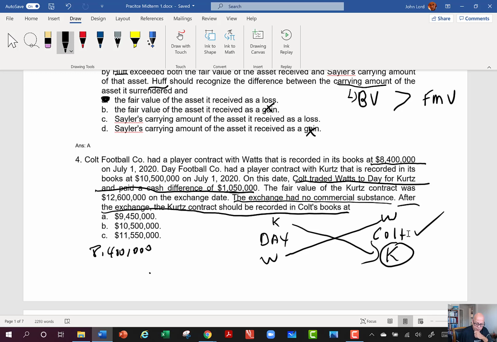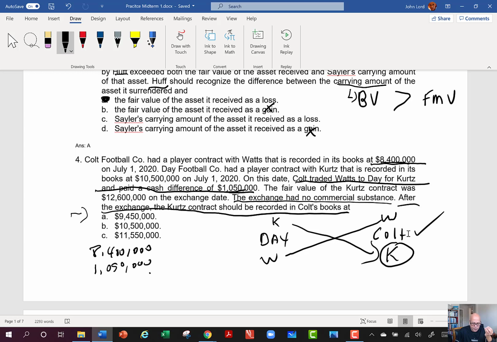So there we go. Colt gave up the contract that had a book value of $8,400, and they gave up cash of $1,050,000. Okay, and I start looking, and I'm now, no pun intended, in the ballpark of the answers here right now. But I'm not going to just jump to A, because I have to see, well, is there a loss?